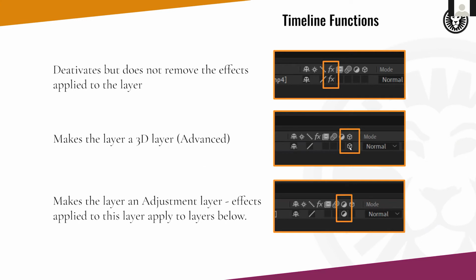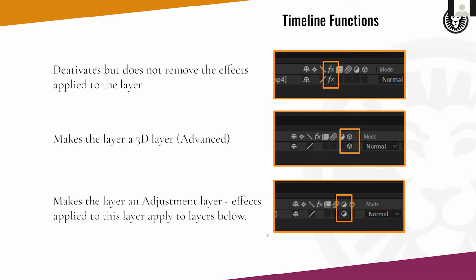This particular one here, this is more when you're going advanced, but it activates the 3D function for that layer, which adds lots of extra parameters into your transform functions, but we don't need to go into that now.